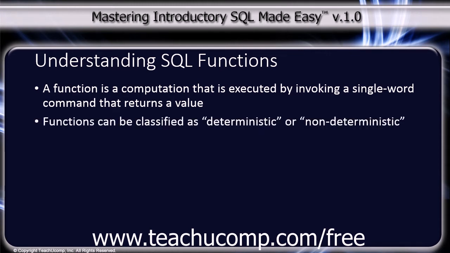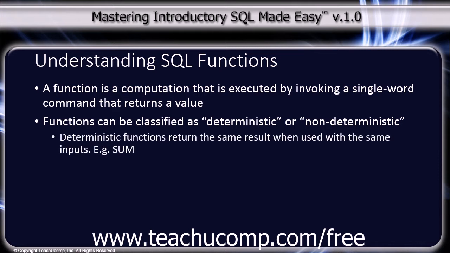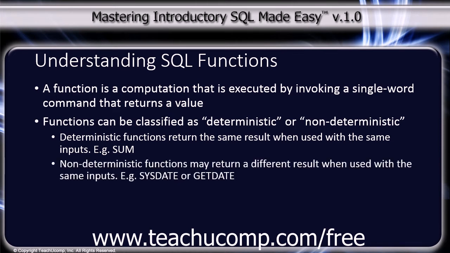All functions can be classified as being either deterministic or non-deterministic. A deterministic function will always return the same result whenever it is used with the same set of inputs. A non-deterministic function may return a different result when used with the same set of inputs.